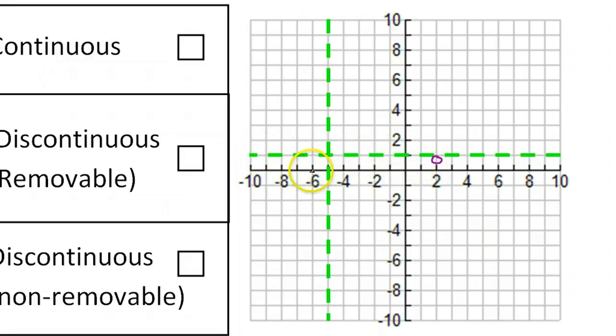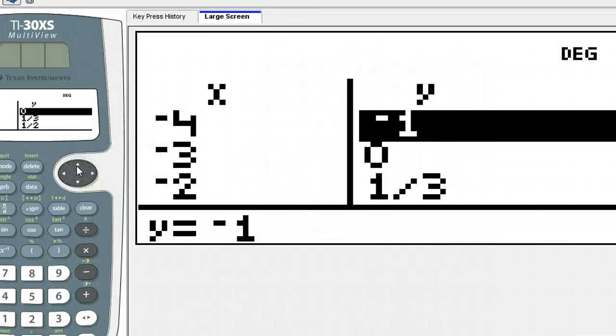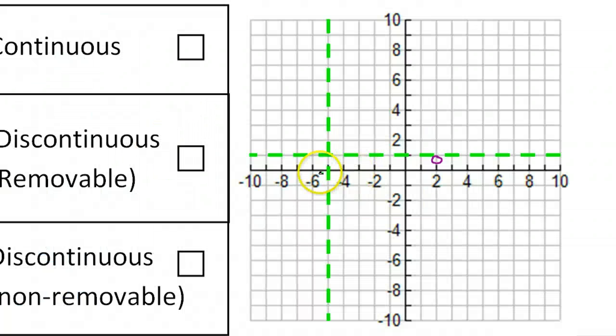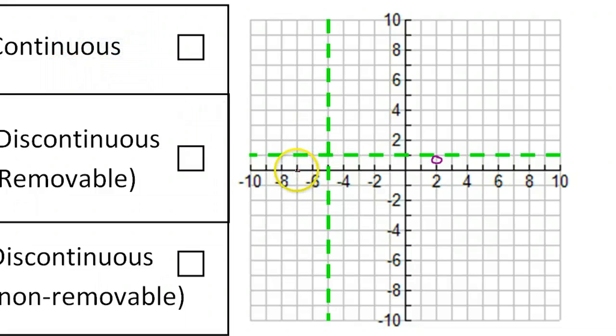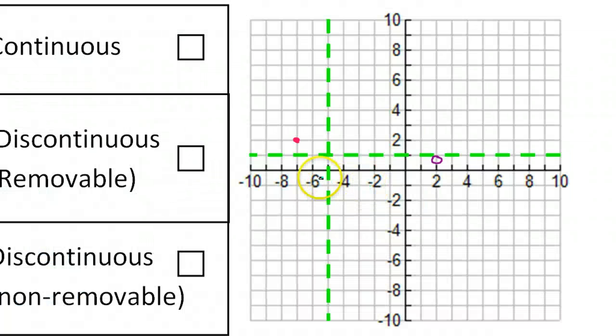So for example, let's look at -7 and -6. Let's check that out. At -7 I'm at 2. So -7 comma 2, I'm right there. At -6 I'm at 3, so that's right there.